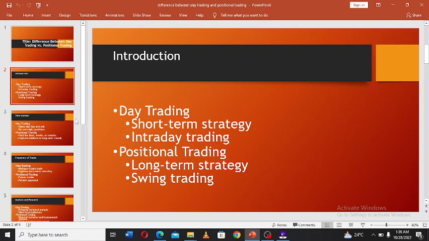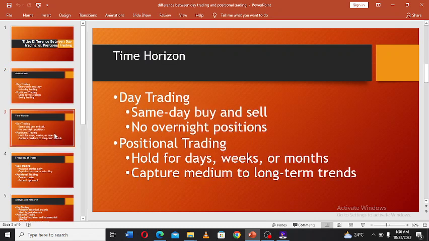So we dive straight into the main differences between them. First, we have time horizon and how they hold trades. In day trading, they hold the trade for that same day, where they click on buy and sell using indicators just to capture short-term volatility moves in the market.